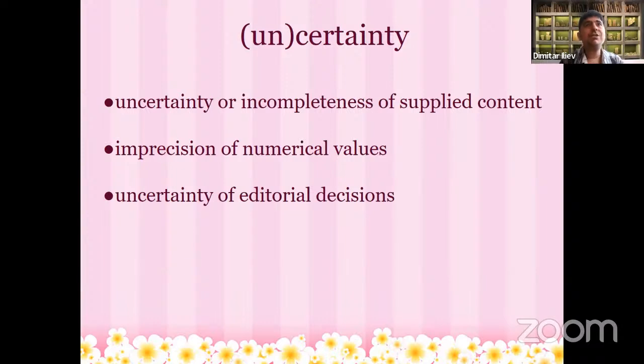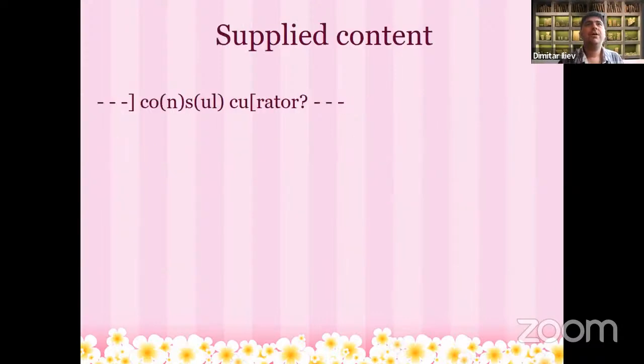There is the imprecision of numerical values. You can have something between at least 5, at most 7 centimeters. There is the uncertainty of editorial decision. So these are several different instances of uncertain information. For example, we have in an inscription cos, consul.